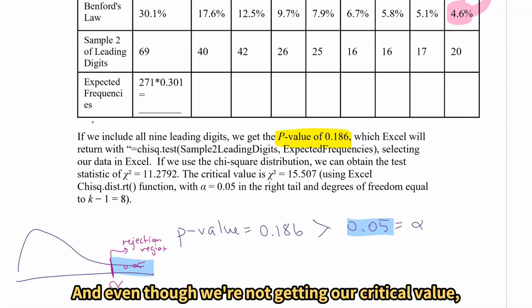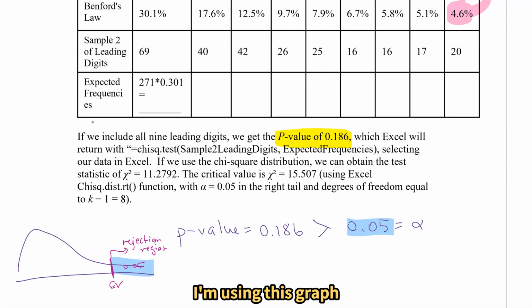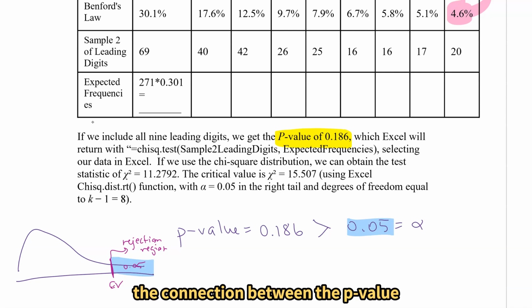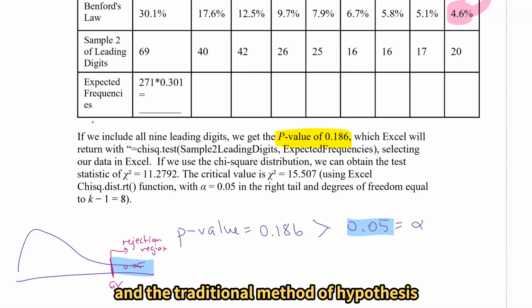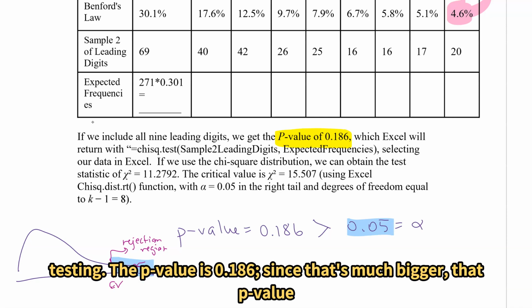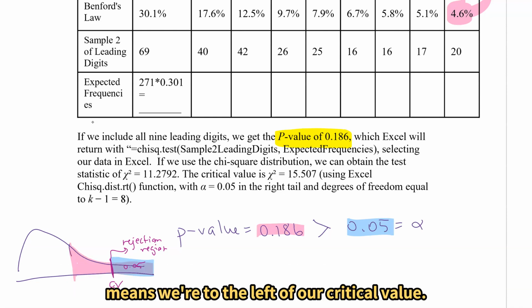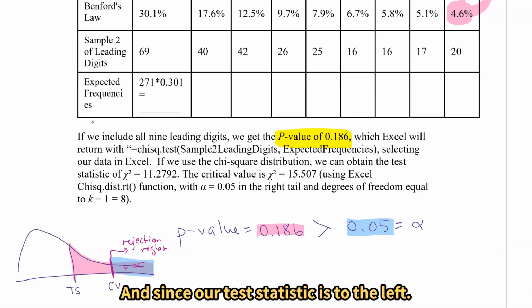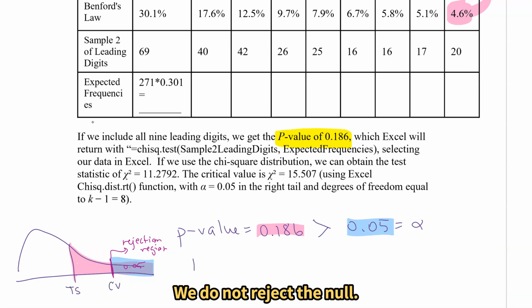And even though we're not getting our critical value, I'm using this graph just to show you the connection between the p-value and the traditional method of hypothesis testing. P-value is 0.186 since that's much bigger. That p-value means we're to the left of our critical value. And since our test statistic is to the left, we do not reject the null.